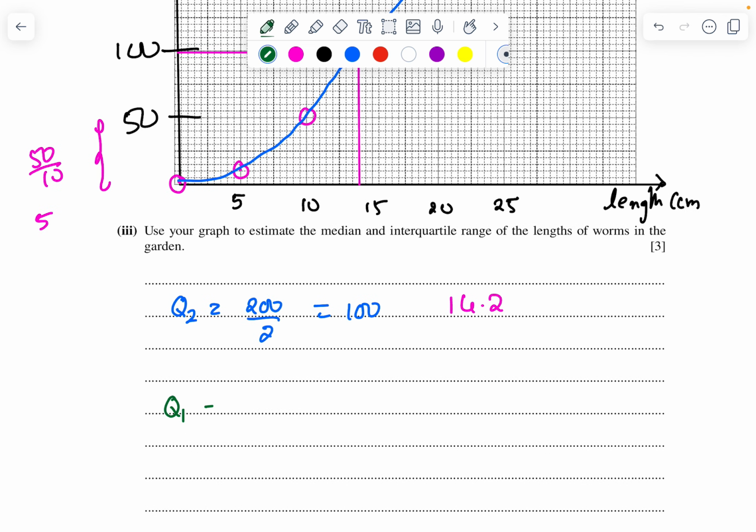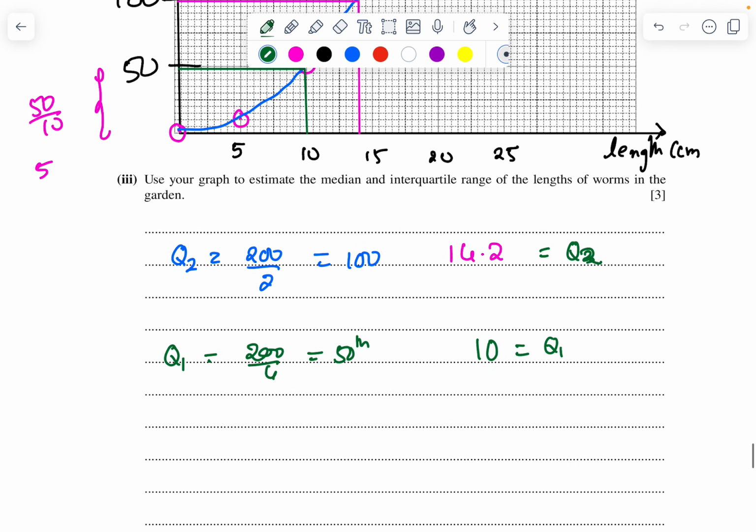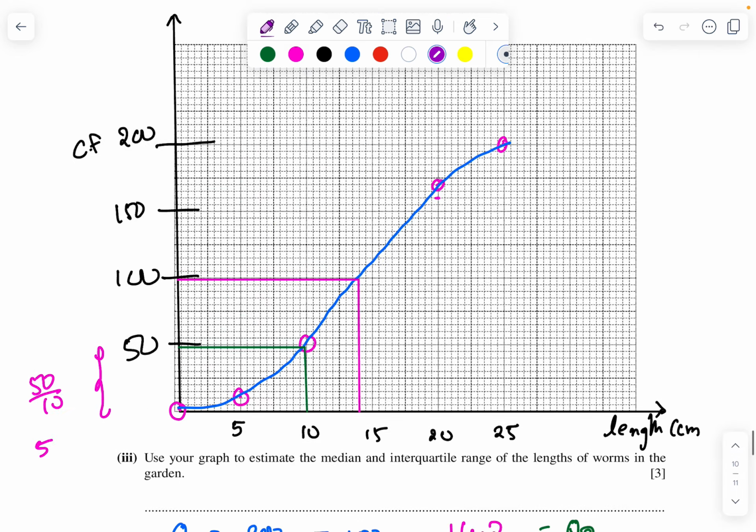Now for Q1, which is 200 divided by 4, which is the 50th observation. So from 50, draw the line, hit the graph, and drop it down, which was already 10. So Q1 is going to be 10, and Q2 is going to be 14.2. Finally, Q3 is 200 times 3 upon 4, which is nothing but 150.